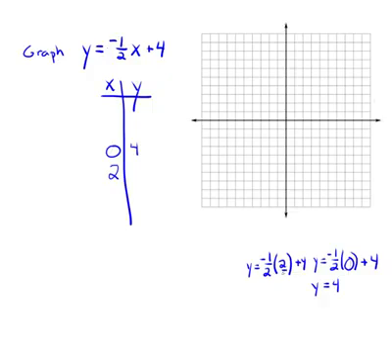I can put the 2 over 1, so that cancels out my 2's. 2 goes into 2 once, 2 goes into 2 once. So negative 1 times 1 is negative 1. Negative 1 plus 4 then is y equals positive 3.